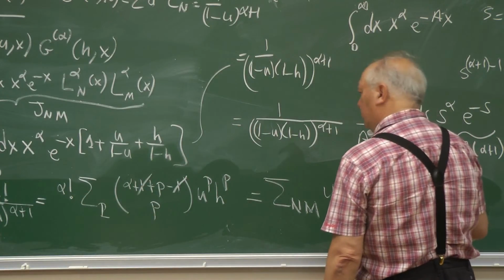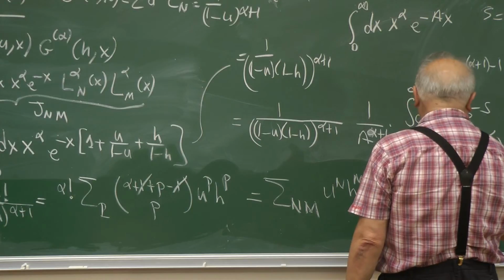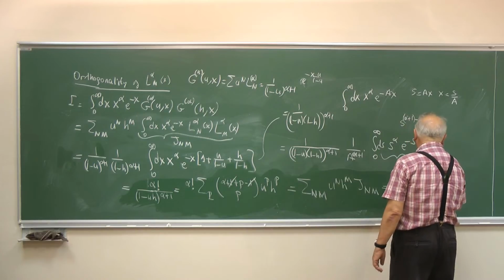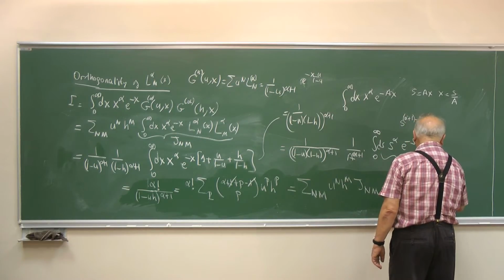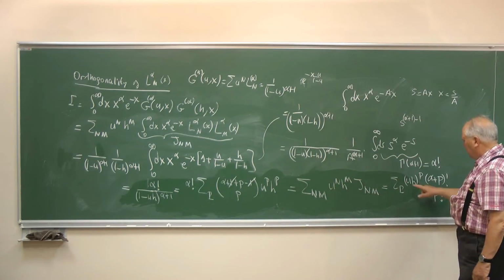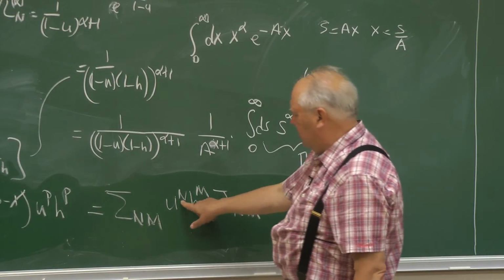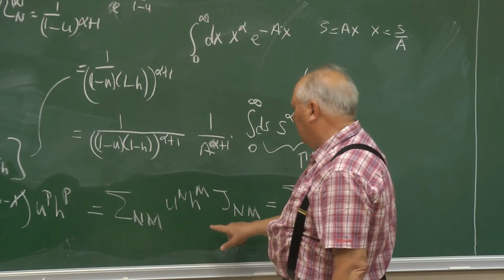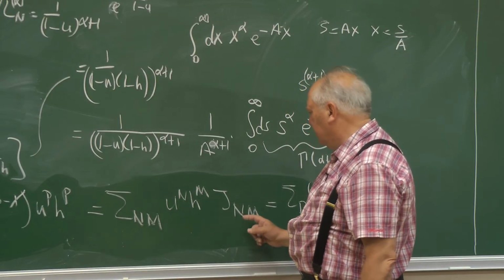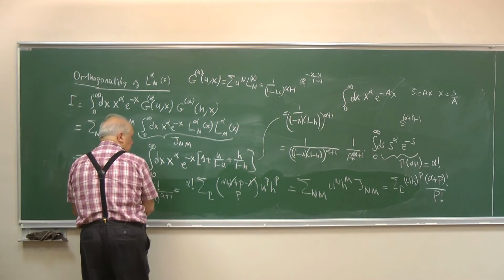So that's equal to the sum over p of (uh) to the p times (alpha plus p) factorial divided by p factorial. Now, when we compare, what do we see? Here, only equal powers of u and h appear. Here, there is n and m. So they have to be equal. That means the J integral is diagonal in n and m. That we know from the Sturm-Liouville already, but it comes out in the integral anyway.